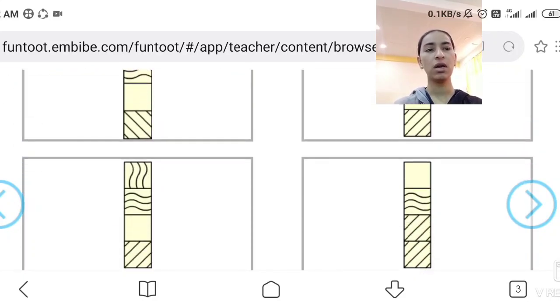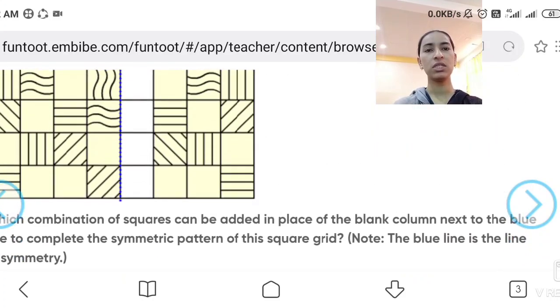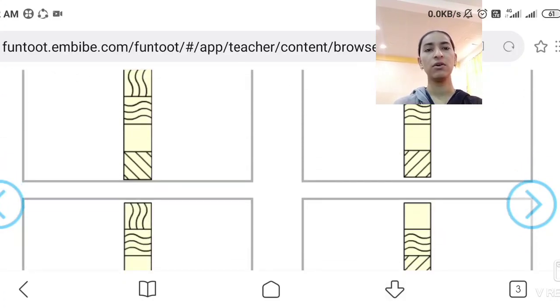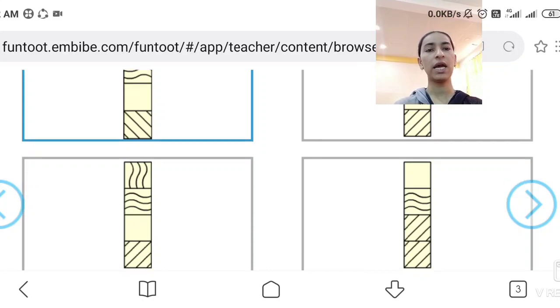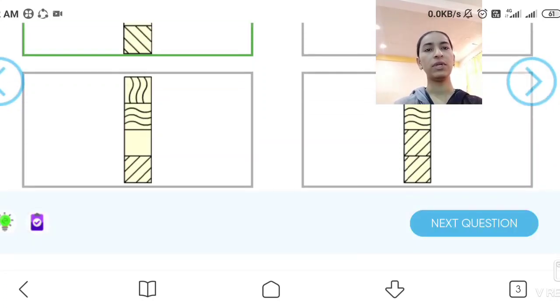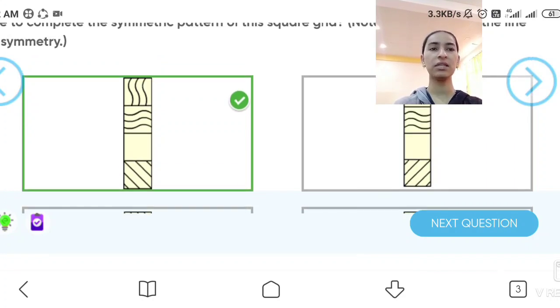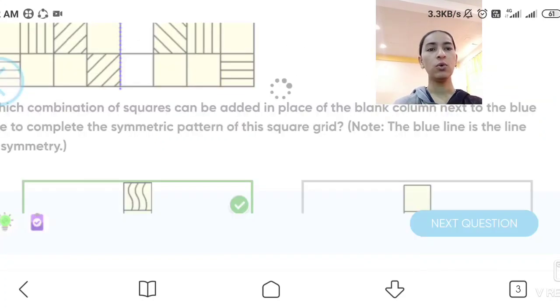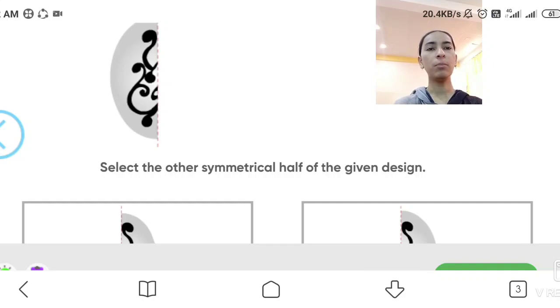First one, I think the first one. Yes students, or the second, third one? It is the first one. Click that and check your answer. If it is green, that means our answer is correct. Okay students, understand, you have to complete this.